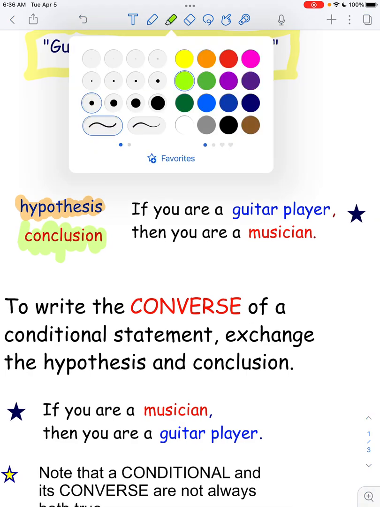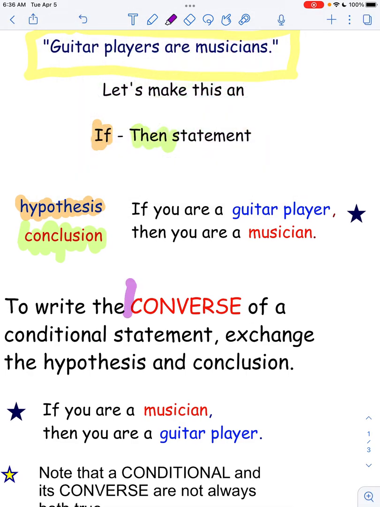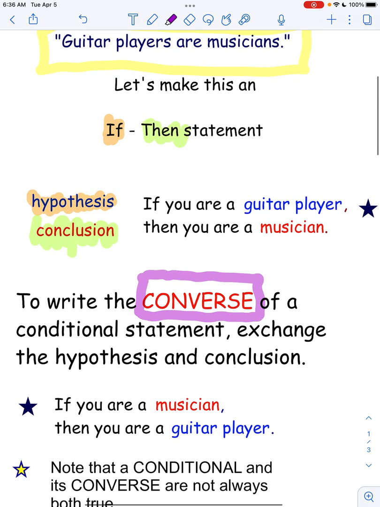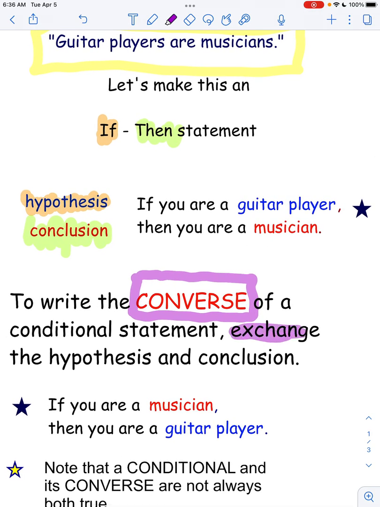Now we can also deal with this idea called the converse. And so the converse is when you flip-flop your hypothesis and your conclusion. So you exchange the hypothesis and the conclusion.